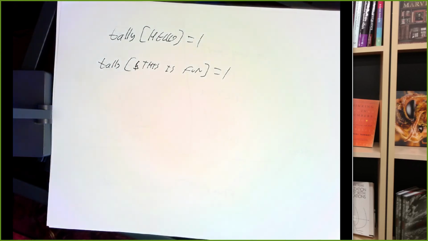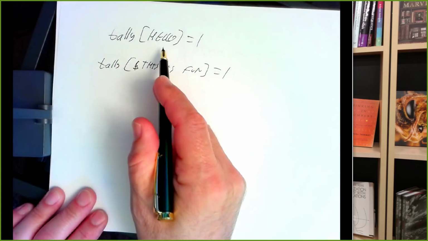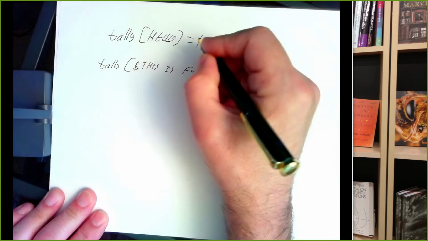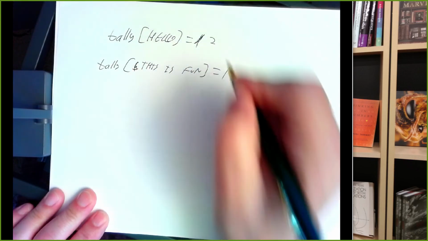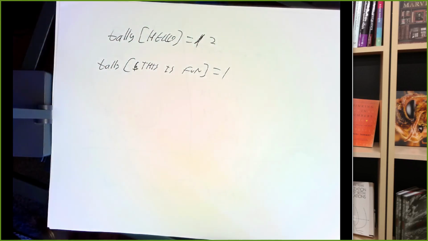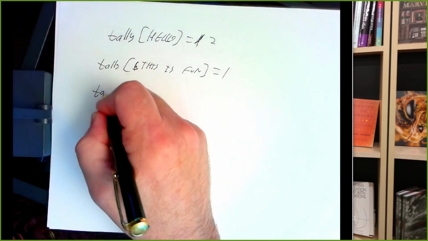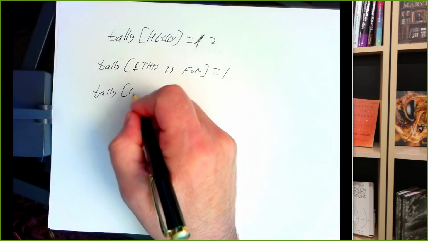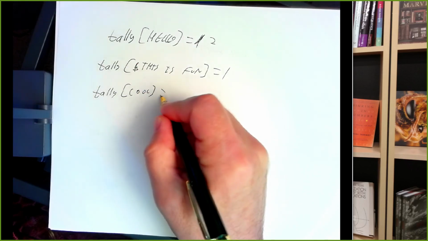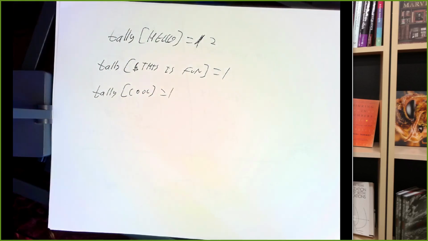Now, if we keep reading input and we see the phrase hello again, we can check our tally and say, oh, we've already seen this phrase once. Okay, I'm going to increment this and record the fact that I've seen hello twice. And now I get the phrase cool, and so I record tally bracket cool to be 1, and now I see the word hello again, and I say, oh, I've got a hello already.